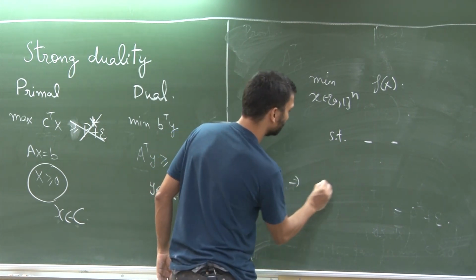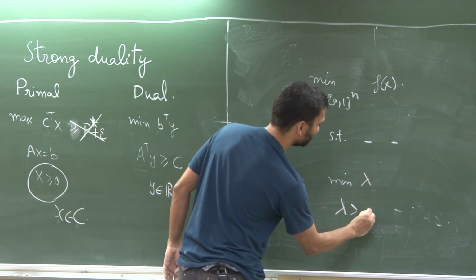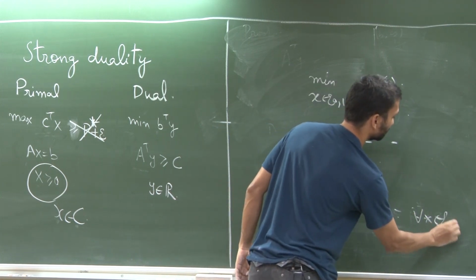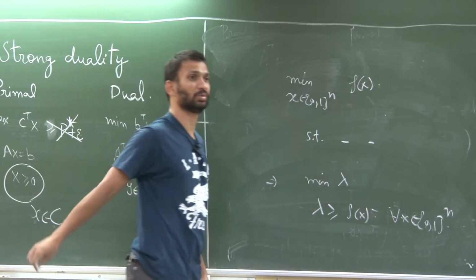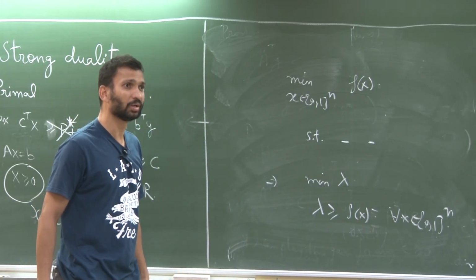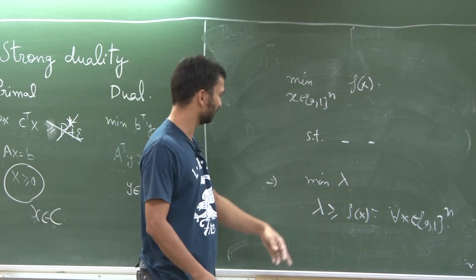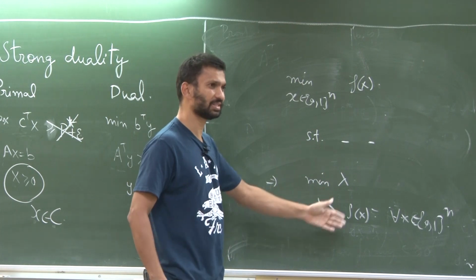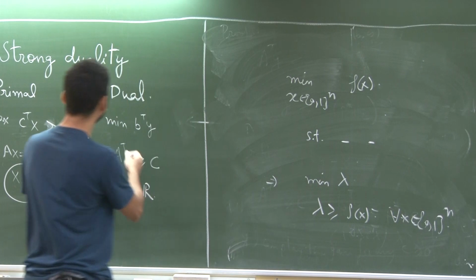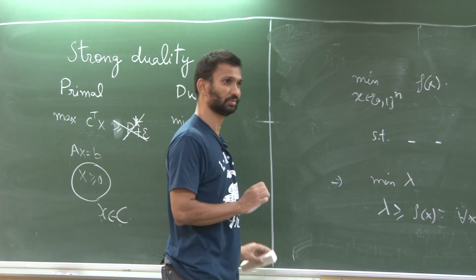What you can do is, you can say minimize lambda such that lambda is greater than f(x). Okay? And those kind of tricks, maximize lambda, lambda less than f(x), one of them will work, right? But these techniques are used to convert your objective function as a constraint.